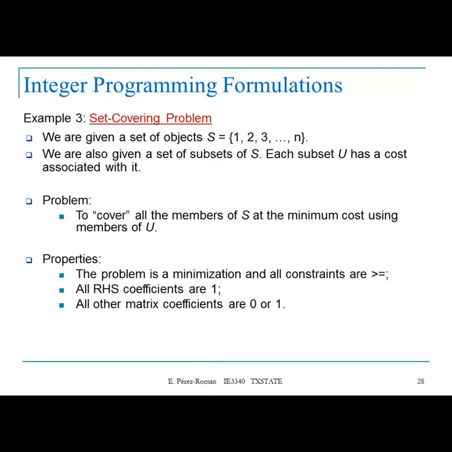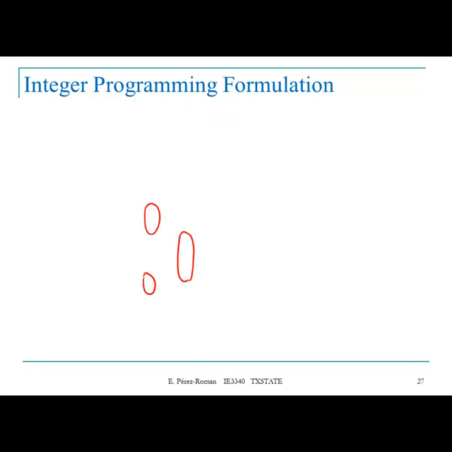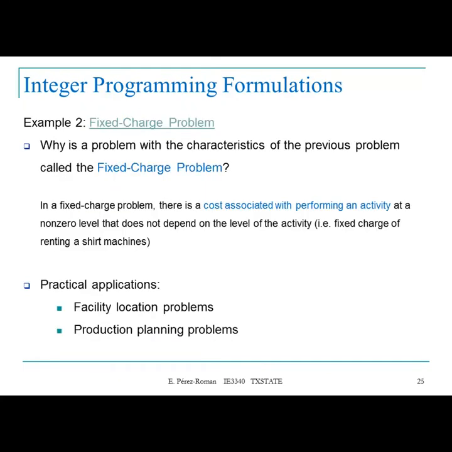So the properties: the problem is a minimization, and all constraints are greater or equal. All right-hand side coefficients are 1, and all other matrix coefficients are 0 or 1. So 3 main problems. Those are the examples: the knapsack, the set covering, and the fixed charge problem.